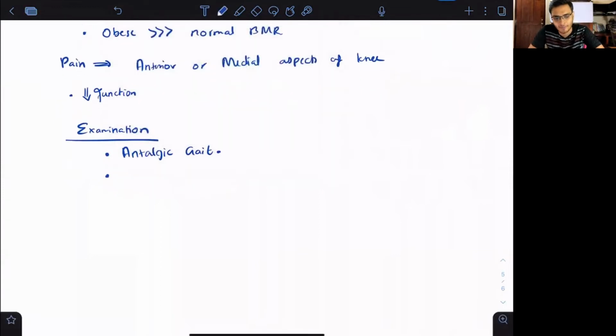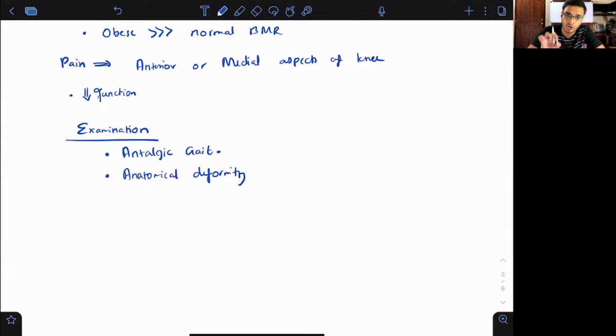is anatomical deformity. So maybe when you check the person's limbs on physical examination, you might come across a varus or a valgus deformity, right? Possible, not always, but possible.